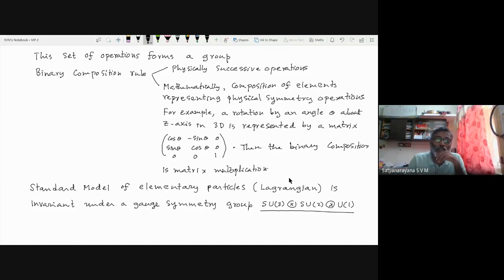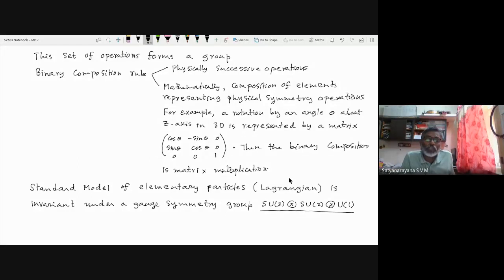And what I wanted to tell you is that a large amount of progress in elementary particle theory, including the discovery of quarks, etc., has been done because of the applications of group theory.